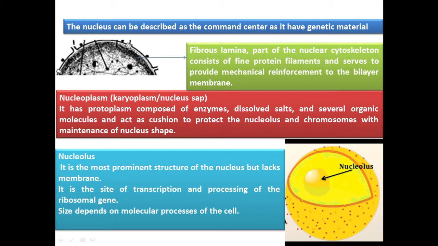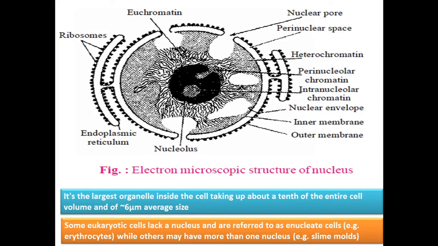Now the ground substance is the nucleoplasm, also known as karyoplasm or nucleus sap. This ground substance has enzymes, dissolved salts and several organic molecules.